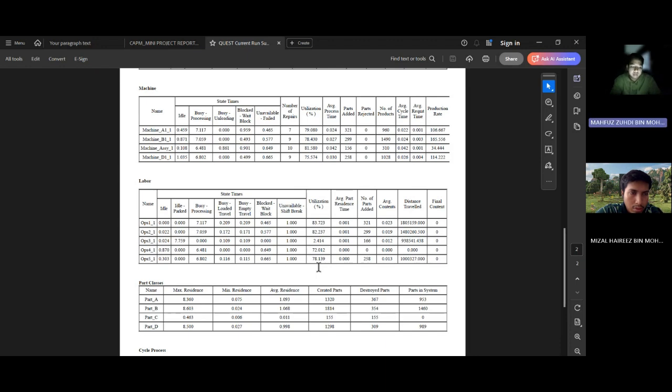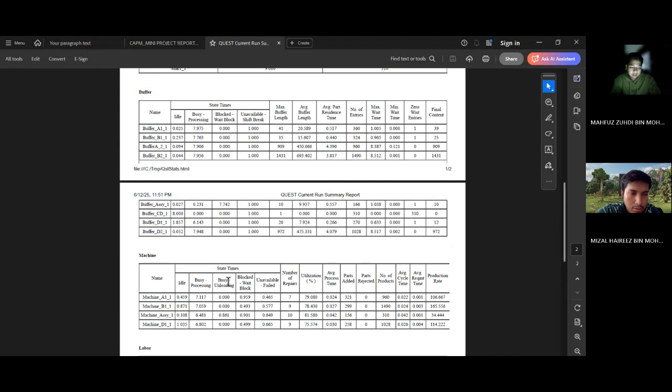Next is the flow imbalance evidence. Massive part accumulation upstream of assembly proved poor synchronization. Thousands of parts were waiting while assembly struggled to keep pace. This tied up working capital and indicates inefficient material flow design.